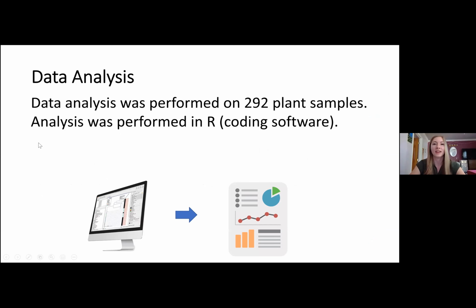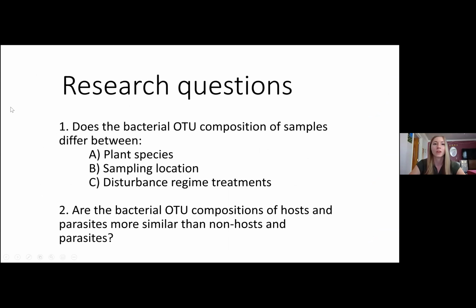I performed data analysis on these plant samples using our coding software, which is software commonly used by ecologists. So remember back to my research questions. I decided to break down my first research question into 3 different parts. Does bacterial OTU composition of samples differ between plant species, differ between sampling location, and differ between disturbance regime treatments?